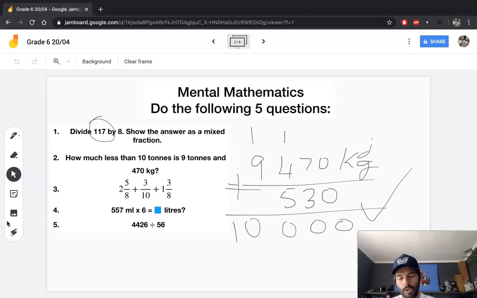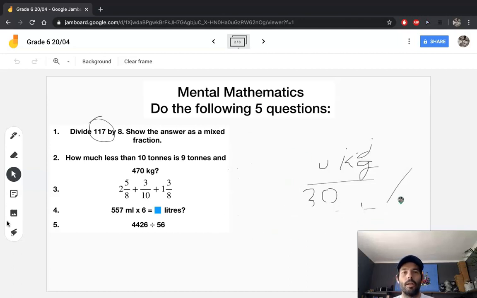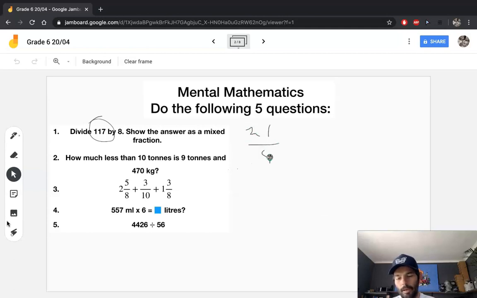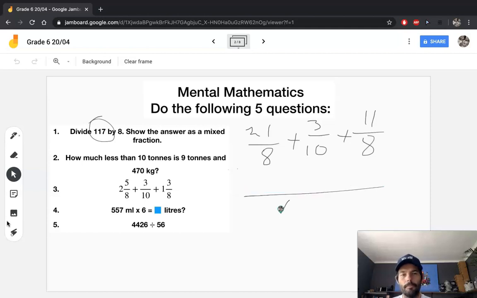Okay, then you got an addition of mixed numerals or mixed numbers in fractions. Okay, so I'm just going to write down the improper fraction straight away. 2 times 8 is 16, plus the 5 is 21 over 8. Add 3 over 10, add 11 over 8, which I get by 1 times 8 is 8, plus the 3 is 11. Okay, my lowest common denominator there is going to be 40.